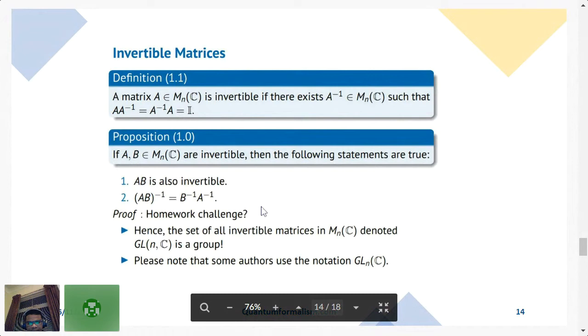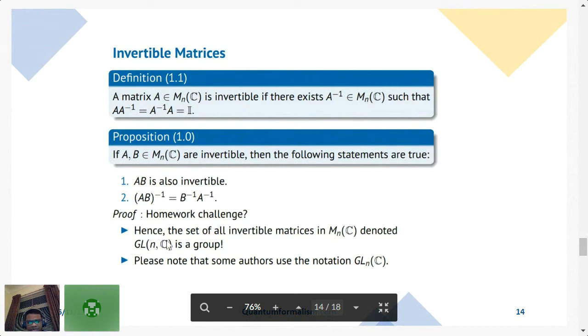Okay. And so this means that the set is obviously closed under multiplication. Essentially this means the set of all invertible matrices in Mn of C, which we write like this, is a group. We have seen this also in the group section. This is in the matrix group section, and we will be working with this.